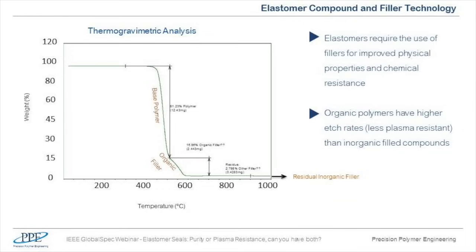The amount of this residue always gives us some tips about the amount of the inorganic fillers used in the formulation, because most of the inorganic fillers decompose at very high temperatures, like 2000 degrees Celsius, or even higher. So by looking at this profile, we can say if the material is organically filled or unfilled. Obviously, if there's no residue left, it is an unfilled, fully organic material, but it may have some organic fillers in the formulation.